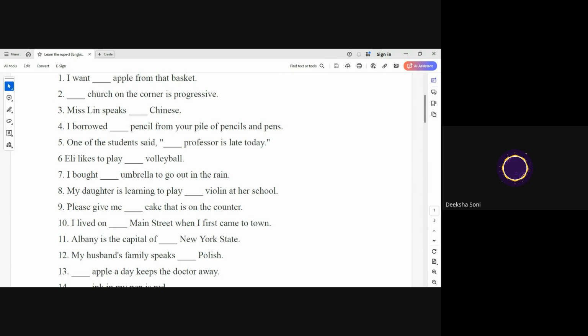No article, right? So Bhopal is the capital of Madhya Pradesh. Like Delhi is the capital of India. So similarly, Albany is the capital of New York State. That's enough, because you don't say the New York, right? Albany is the capital of New York State.